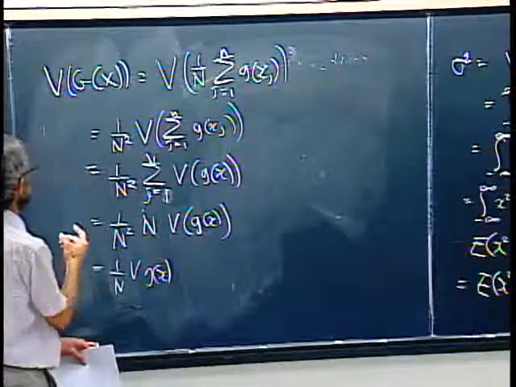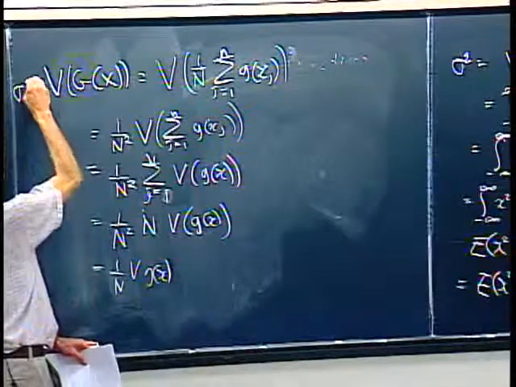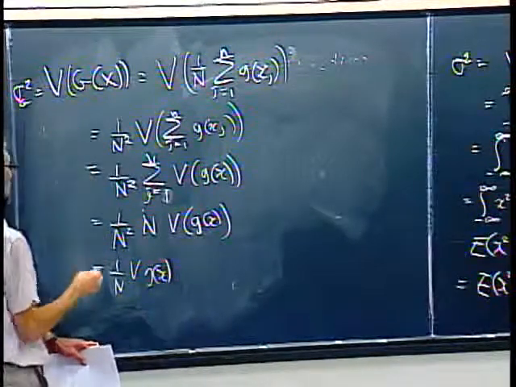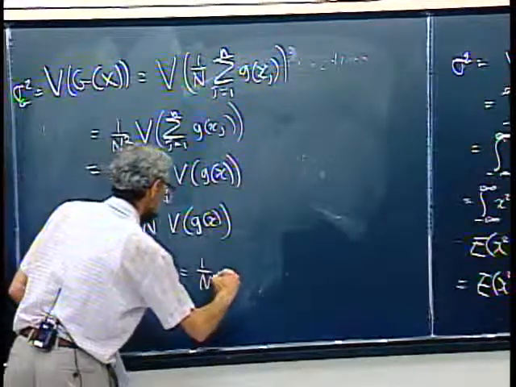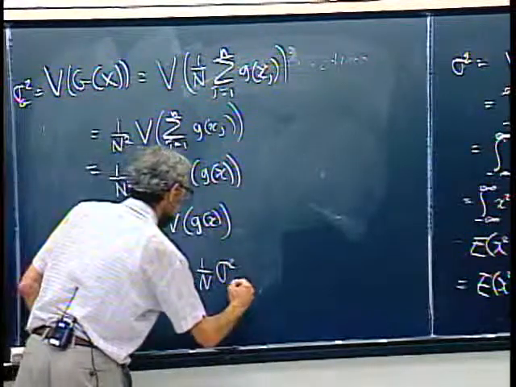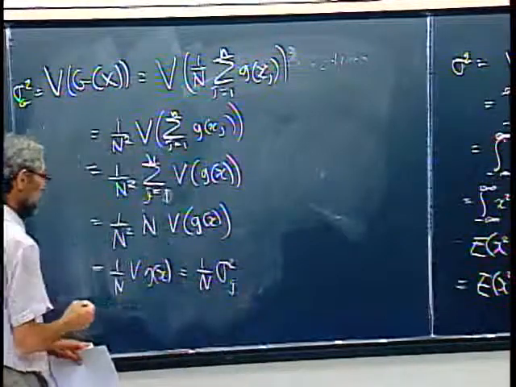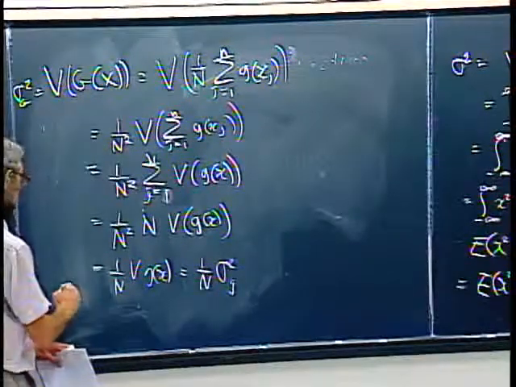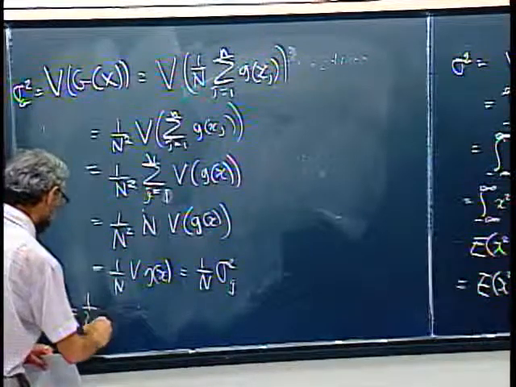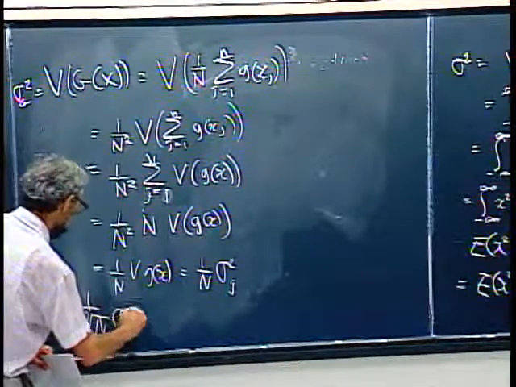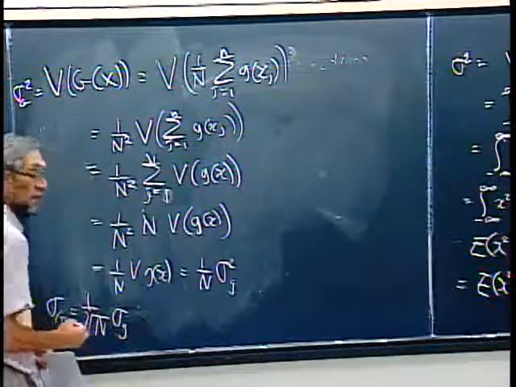So in a sense, if I think of this as sigma squared for g, and this as sigma squared for lowercase g, then I can say sigma for the average is 1 over the square root of n times sigma for one trial.